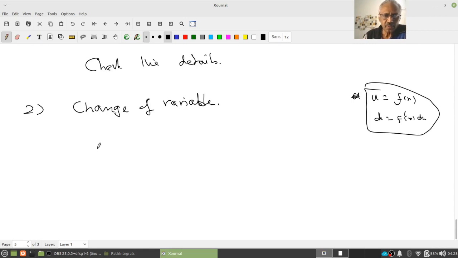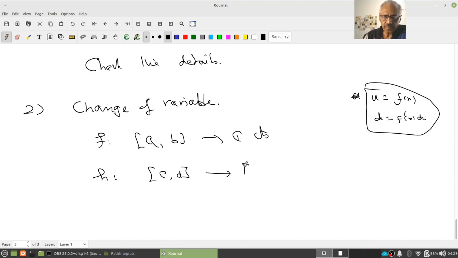Let f be a continuous function from [a,b] to C. Let h be a map from [c,d] to R, so that the image of h is contained in the interval [a,b]. And I want h to be C1, that is continuously differentiable.